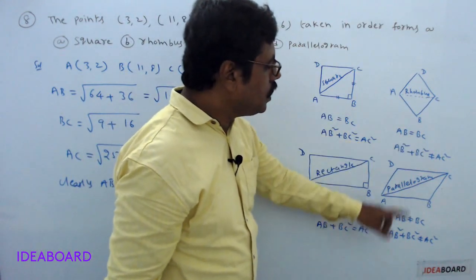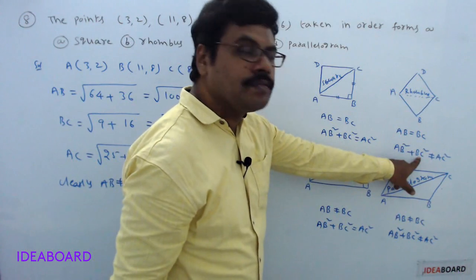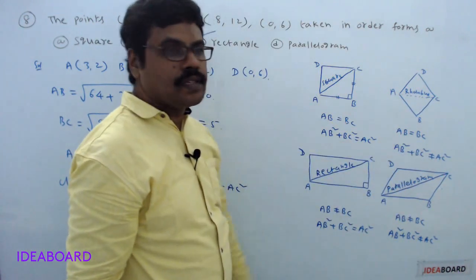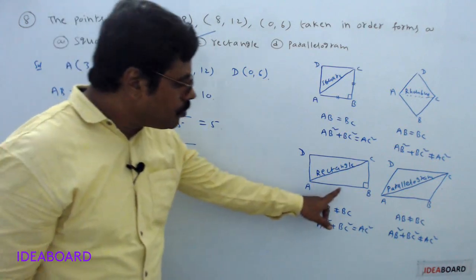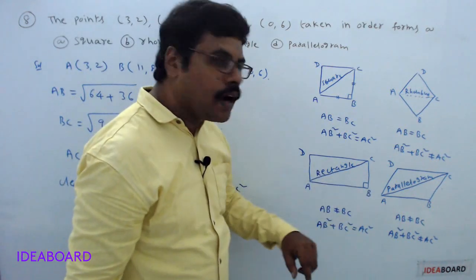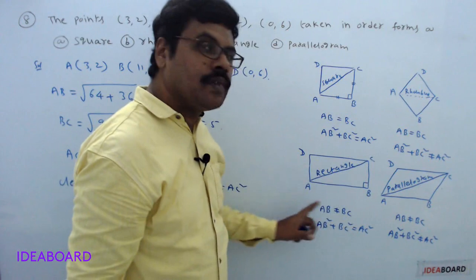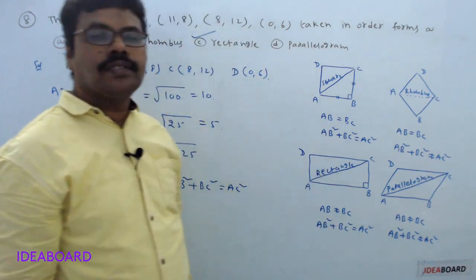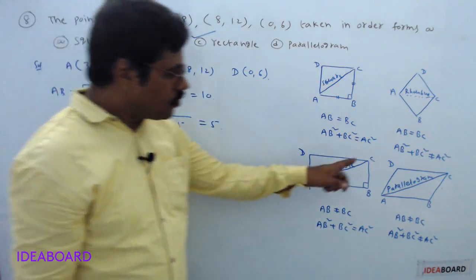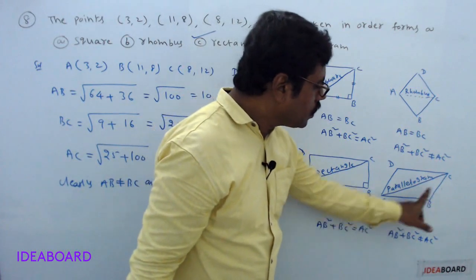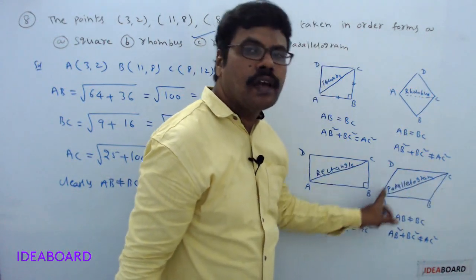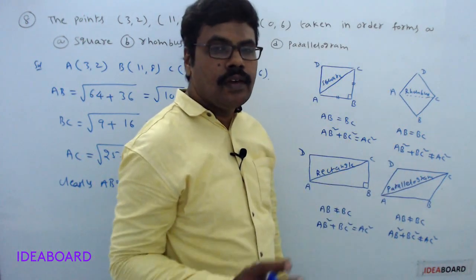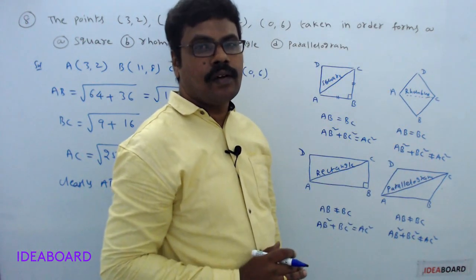If AB equals BC and AB square plus BC square not equal to AC square, your answer is a rhombus. Then AB is not equal to BC and AB square plus BC square equals AC square, your answer is a rectangle. Final one, AB not equal to BC and AB square plus BC square not equal to AC square, your quadrilateral is a parallelogram.